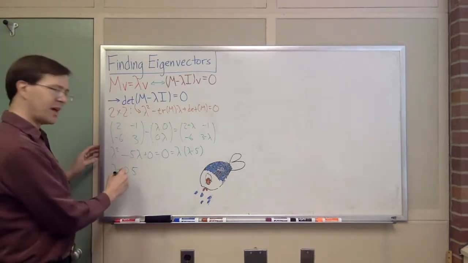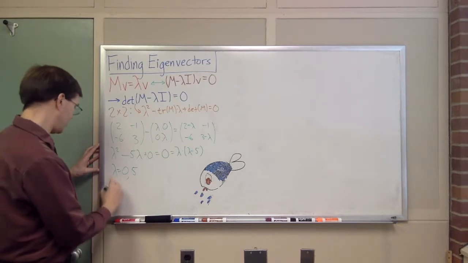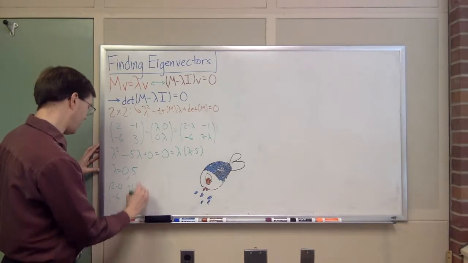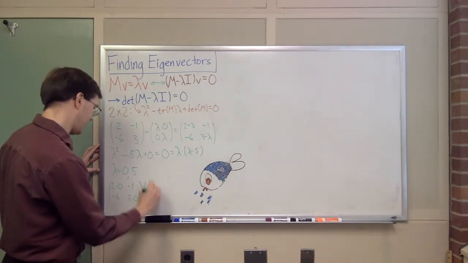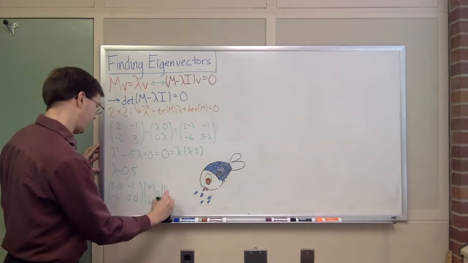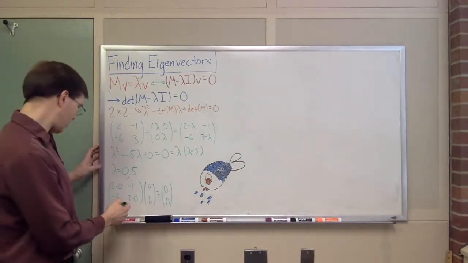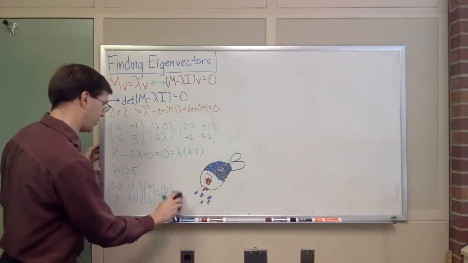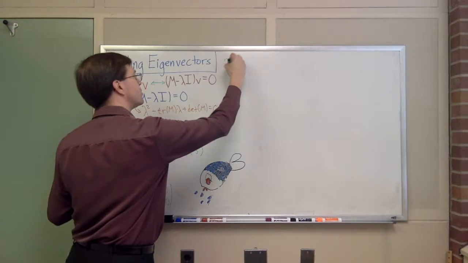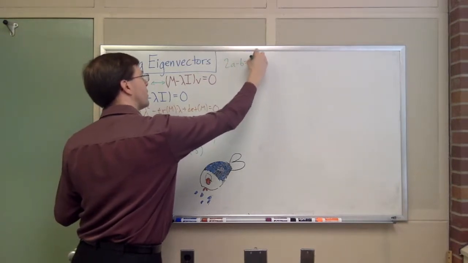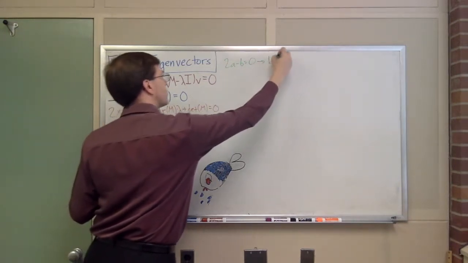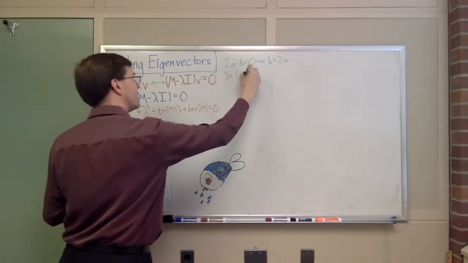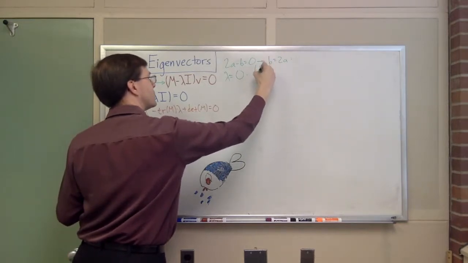Well, okay, lambda equals 0 is pretty easy. I do 2 minus 0, minus 1, minus 6, 3 minus 0 times (a, b) equals (0, 0). Always a redundant system of equations. What I get is 2a minus b equals 0, or in other words, b equals 2a. So my lambda equals 0 eigenvector is (a, 2a).